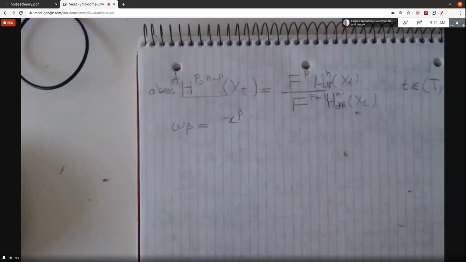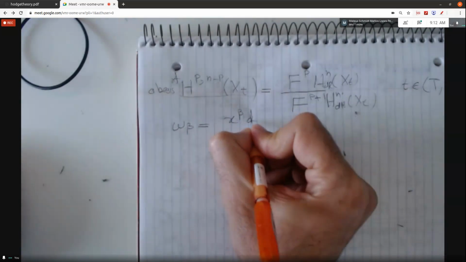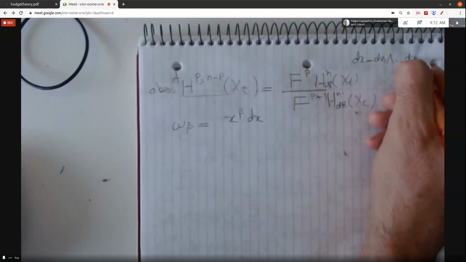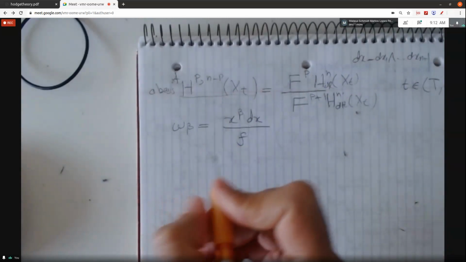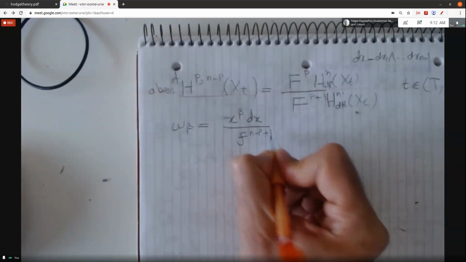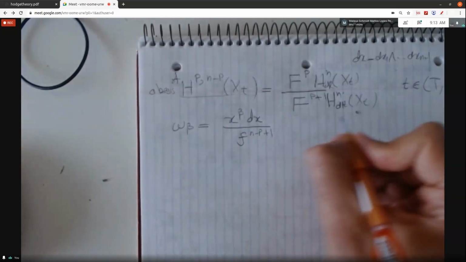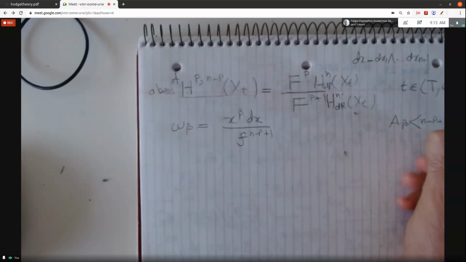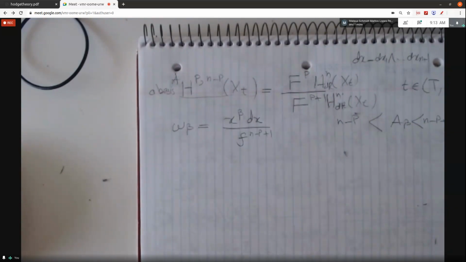And I am now using just affine notation. dx, remember that dx is dx_1 ... dx_{n+1}, and then this is F^{n-p+1}, and let's say beta is between n+1 and n-p.